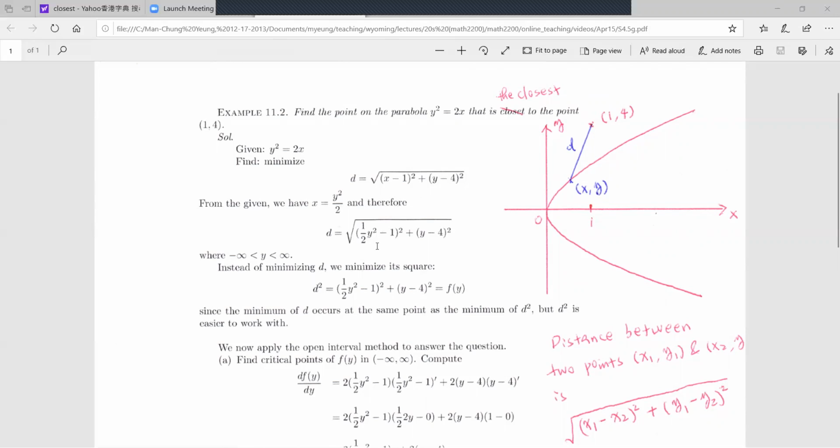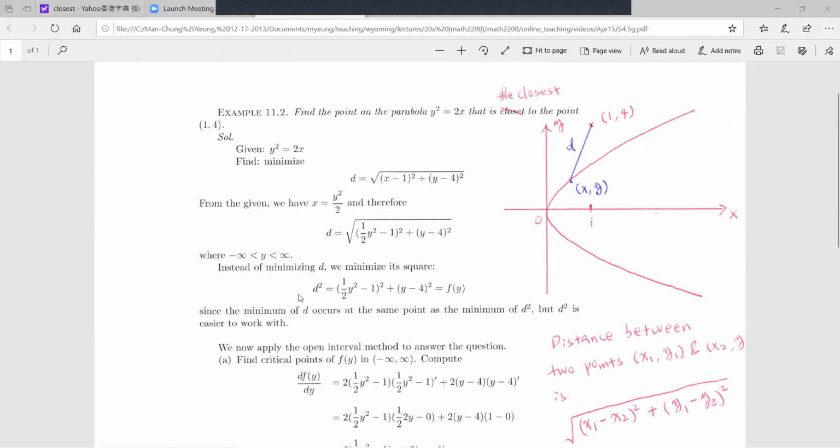In the open interval method, we need to compute the derivative of this function to find critical points. This function is quite complicated. It has a square root. When you compute it, the derivative is difficult. So instead of minimizing d, we minimize d squared. d squared has no square root.